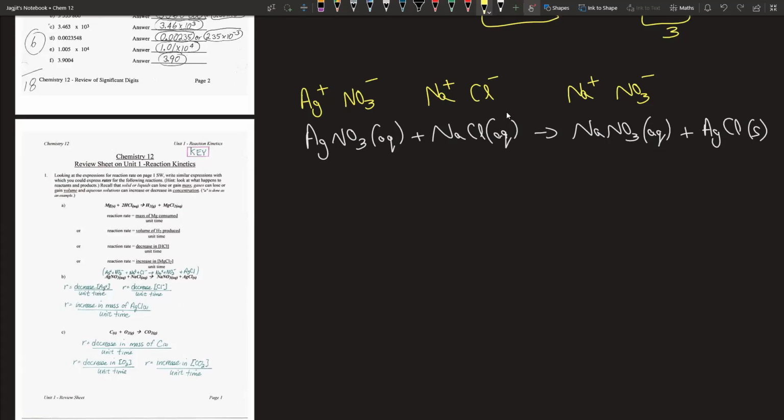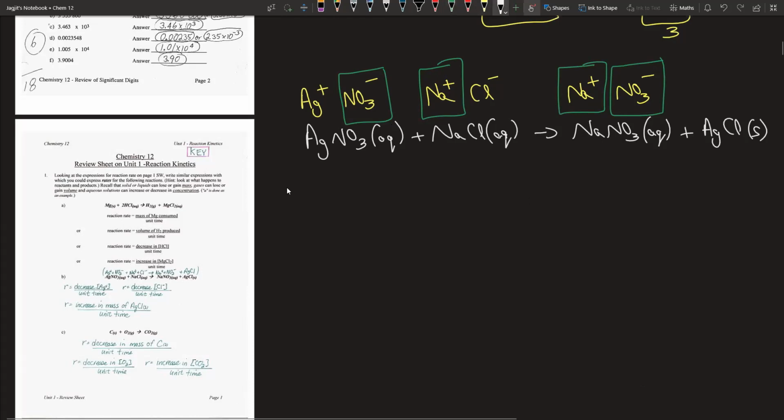Now, another thing to notice is I have Na plus on the reactant side, and the same Na plus ion on the product side. Similarly, I have NO3 minus on the reactant side, and NO3 minus ions on the product side.